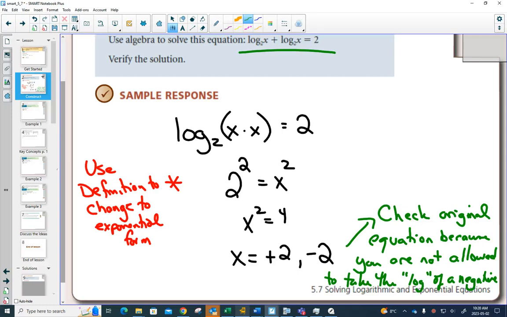And all we're going to do is plug in a number and find out if you plug in 2, you have log 2 of 2 and log 2 of 2. Both of those are positive numbers inside your logarithm. That means that 2 works. But if you go to plug in negative 2, you will have a negative inside of a logarithm. And if you think of your graph of your logarithm, its domain is only when x is bigger than 0.